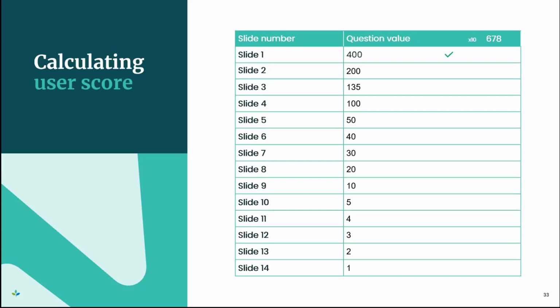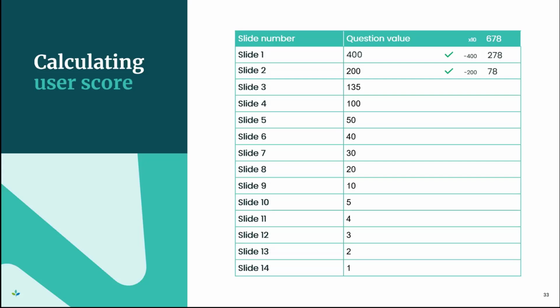And then I'll subtract the value of my question slide, 400, to give me a score of 278. Since 278 is greater than the value of my second question slide, I will also mark this slide as correct, and then take away 200 to give me a score of 78.